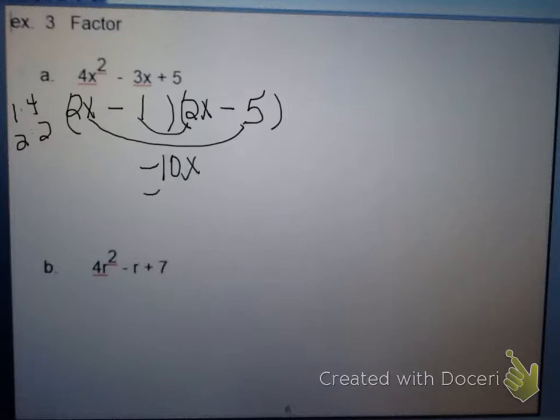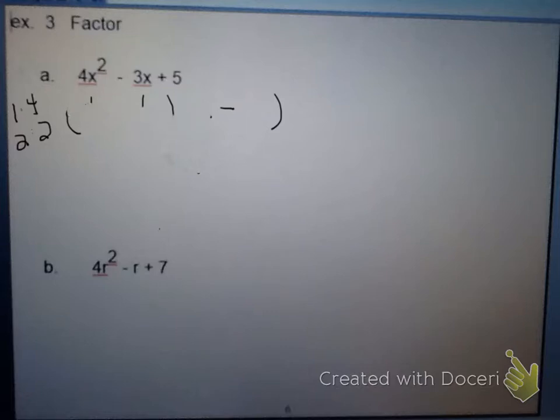My inside is a negative 1x, which is a negative 11x. That is not my middle term. So I'm going to switch my 5 around. Well, because the factors of 2 are identical, switching the 5 and the 1 around is not going to change anything. So I'm going to erase the 2 and the 2, and this time I'm going to use the 1 and the 4.